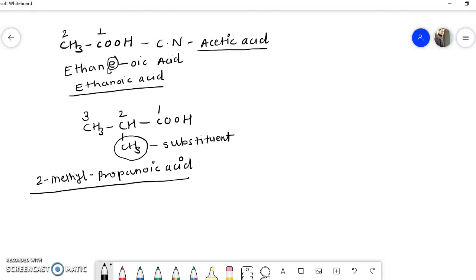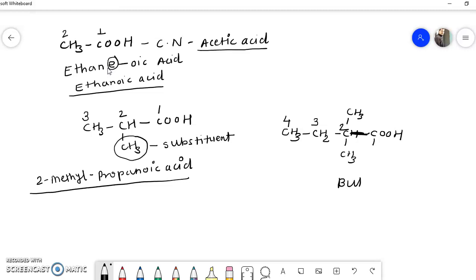We'll take some more examples. Suppose CH3 CH2 CH, with CH3 and CH3, then COOH. Suppose this is the structure of the acid. We give the first number to this carbon, second to this carbon, third to this carbon, and fourth to this carbon. So the parent alkane is butane.